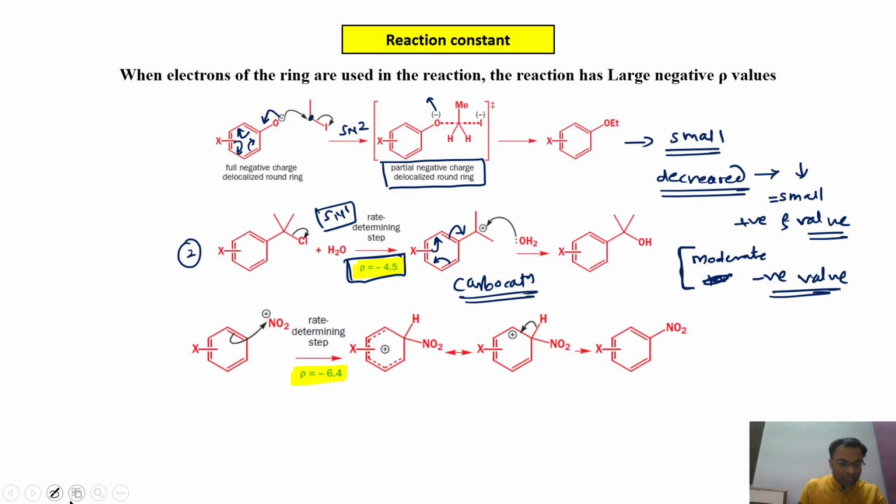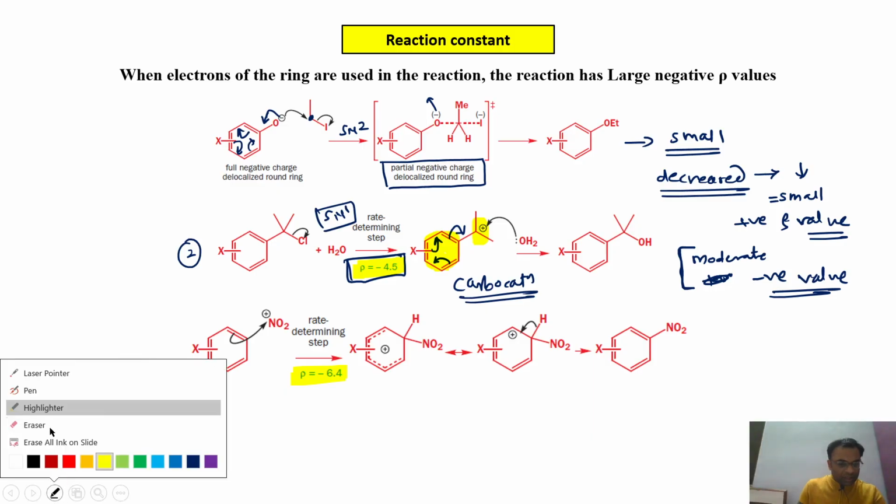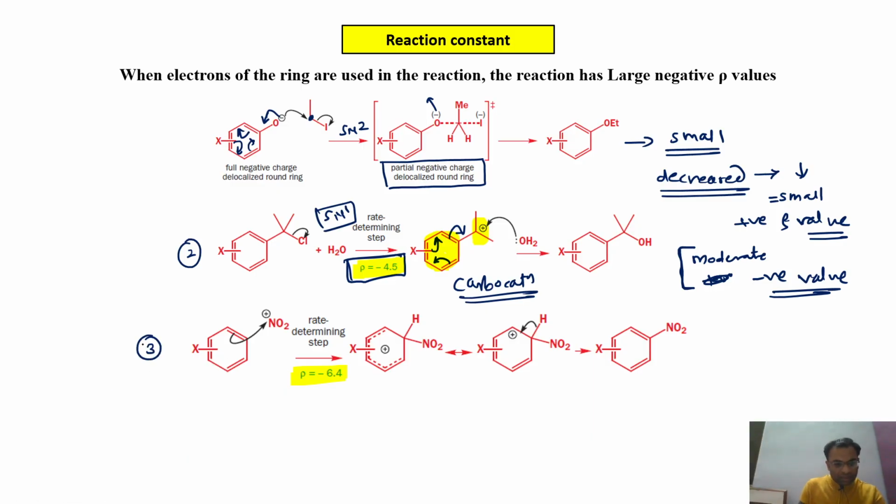Now, why is the rho value not large for this reaction? This is because the positive charge formed is not directly on this benzene ring. If we consider the third reaction, this reaction has a large negative rho value, that is minus 6.4.